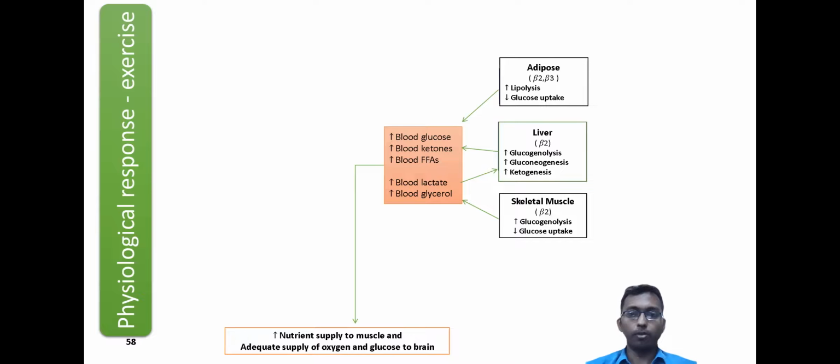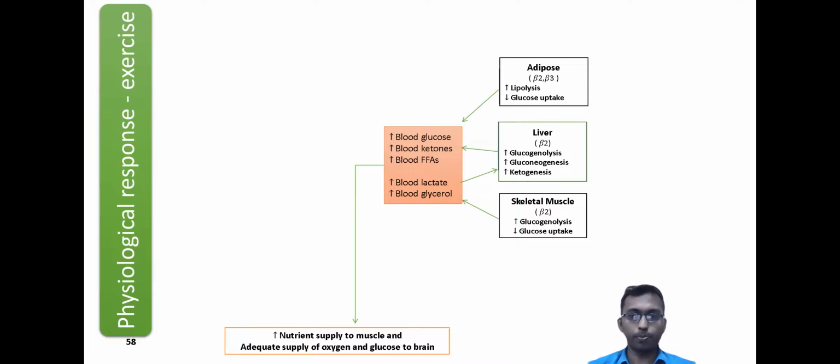Its action on the liver through beta-2 increases glycogenolysis, the breakdown of glycogen to form glucose. It increases gluconeogenesis, the formation of new glucose utilizing proteins and fatty acids. It increases ketogenesis. In skeletal muscles, it increases glycogenolysis and decreases glucose uptake.